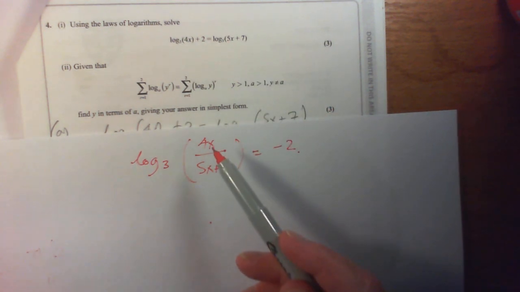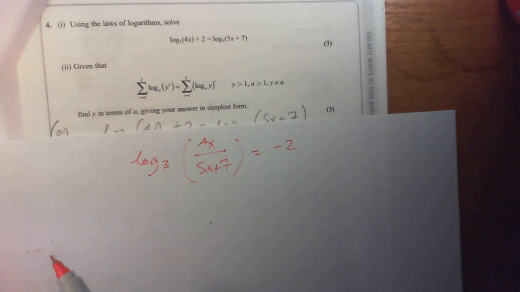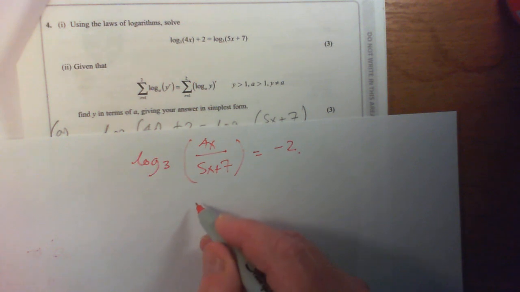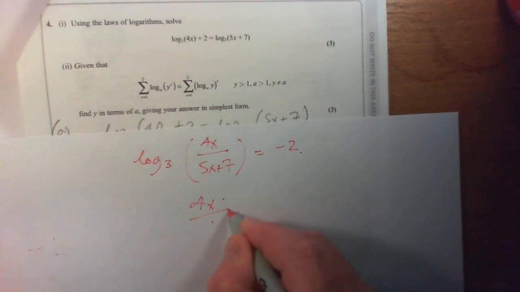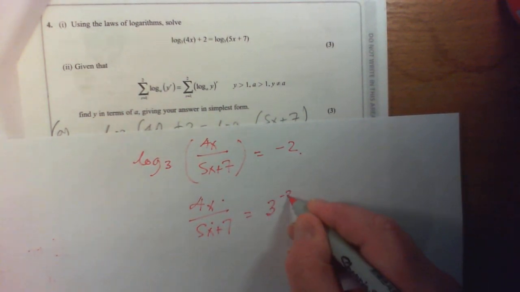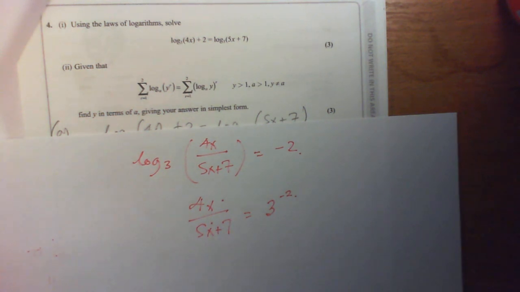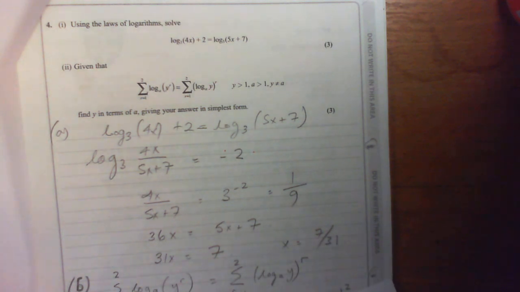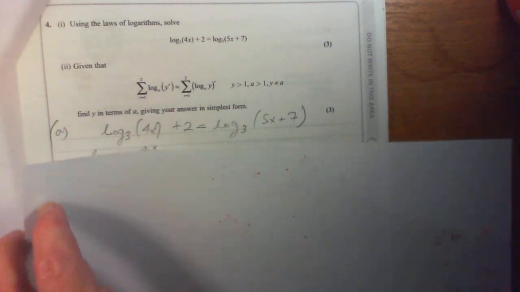So you need to know the rule that log A minus log B equals log A over B. So that's what I've done in one go. And from then on, you just anti-log it. It's just 4x over 5x plus 7 equals 3 to the power of minus 2. And you just go from there. To my mind, that is the most transparent way of doing this type of thing. Now, the second bit.